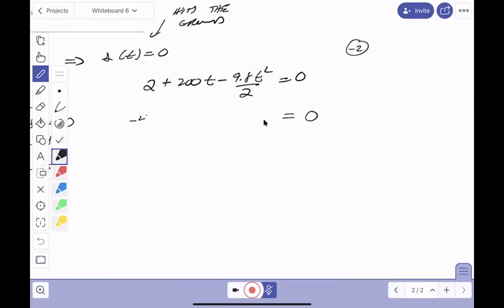Then you get minus 4 minus 400 t plus 9.8 t squared. I'm going to write this down a little differently. 9.8 t squared minus 400 t minus 4 equals 0.